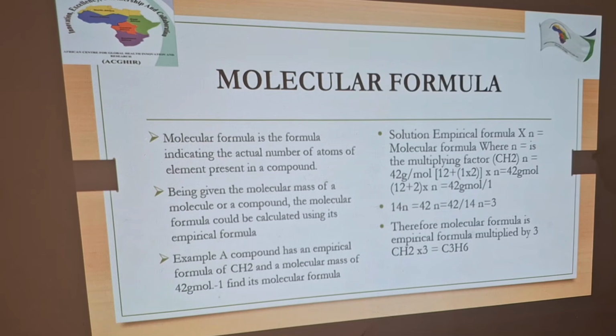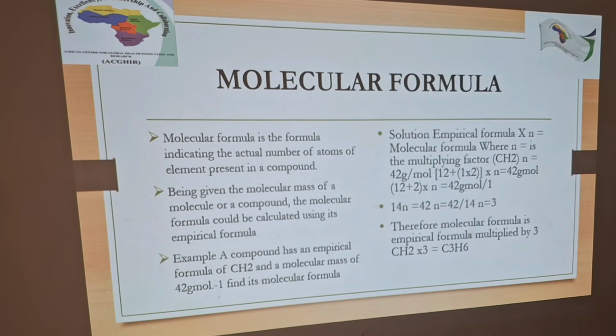But when we look now at the molecular formula, it tells us the actual number of atoms which are present. Right. So, being given the molecular mass of a molecule or a compound, the molecular formula could be calculated using its empirical formula. Right. So let us look at the following example.